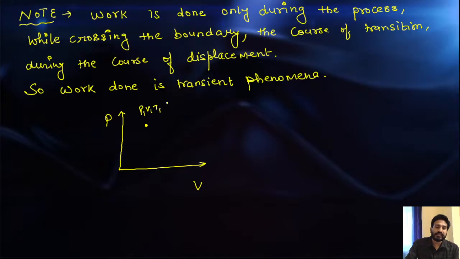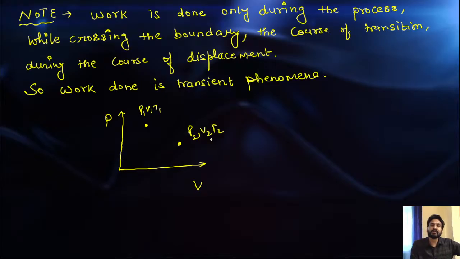In the initial lecture, we talked about the closed system and open system, where we discussed that heat is crossing the boundary, work done is crossing the boundary, like that. Is it clear to you? So if there is any displacement, any process, in that case only we can calculate the work done. Otherwise we cannot calculate the work done.